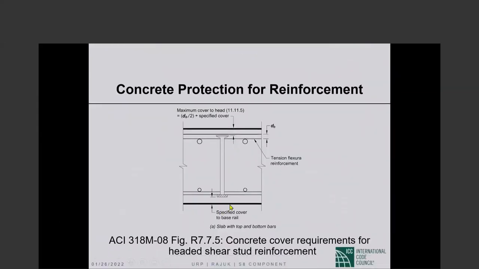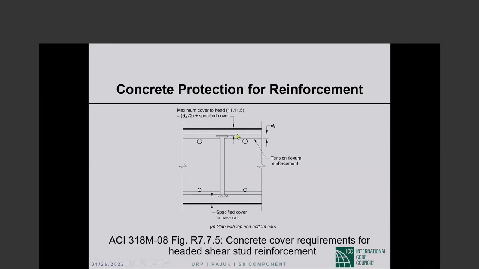Okay, so this is a headed stud that is reinforcement at the bottom and the top. This cover shall be the specified cover for a slab bar. Okay.